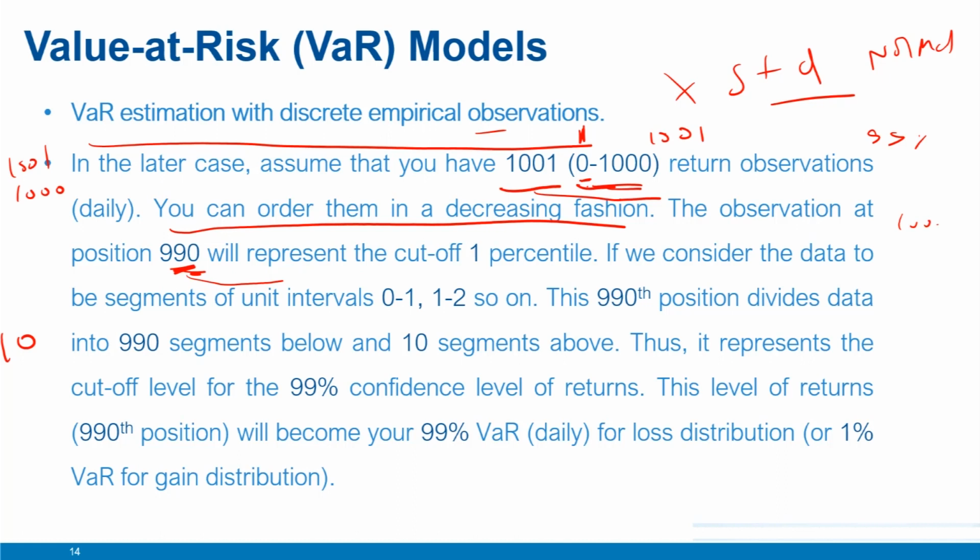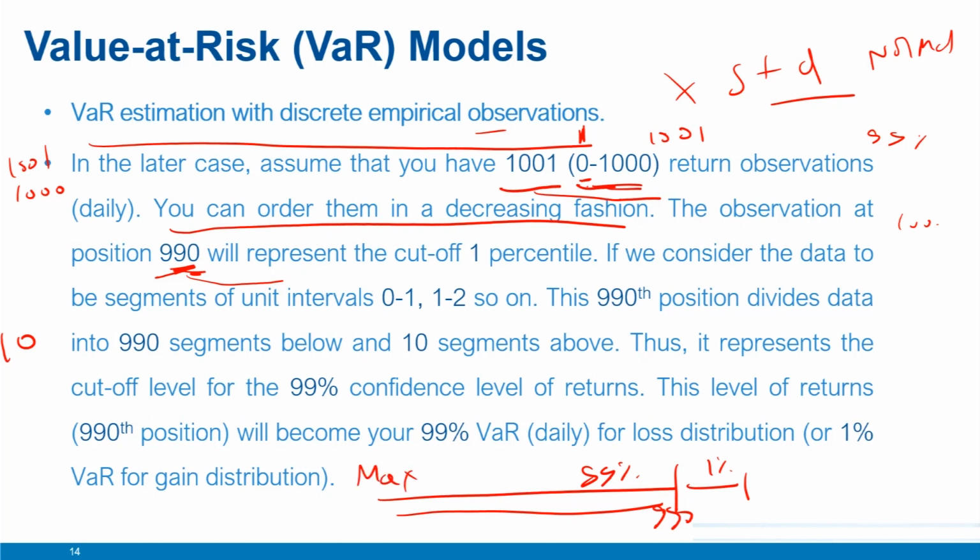So the 99% period will cut off the entire segment into two parts. This 990th observation will essentially cut it into 99% and 1%, two segments. Starting from this maximum value, this 990th value will be the 99 percentile.